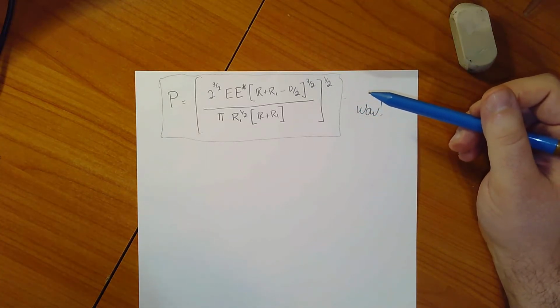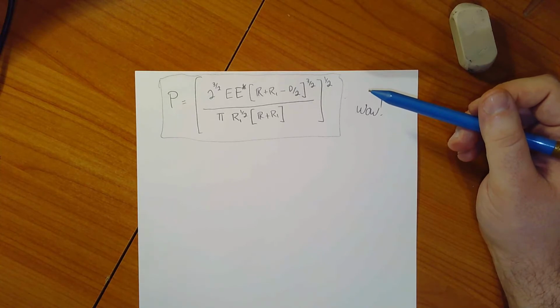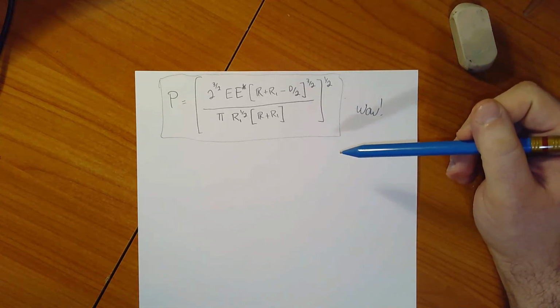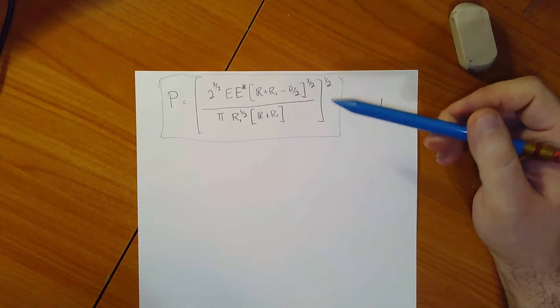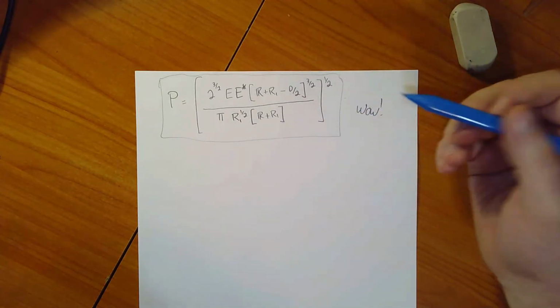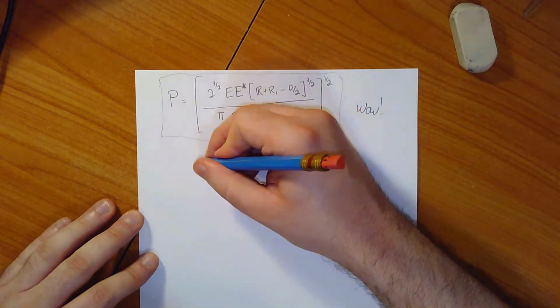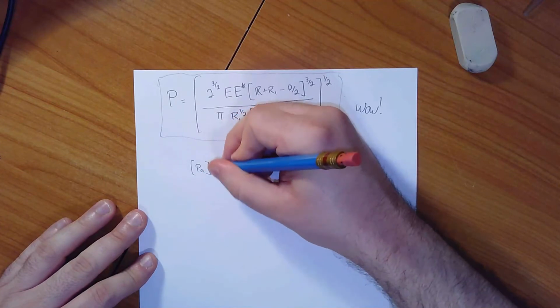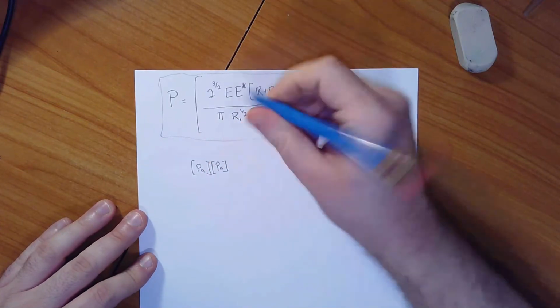In the notes, I go through and I do what I call a sanity check. It's always good when you go through a really complicated derivation like this to convince yourself that it's right by just checking the units. So I'll just do it quickly here. The units of E, Young's modulus, is pascals. We've got 2 of those.